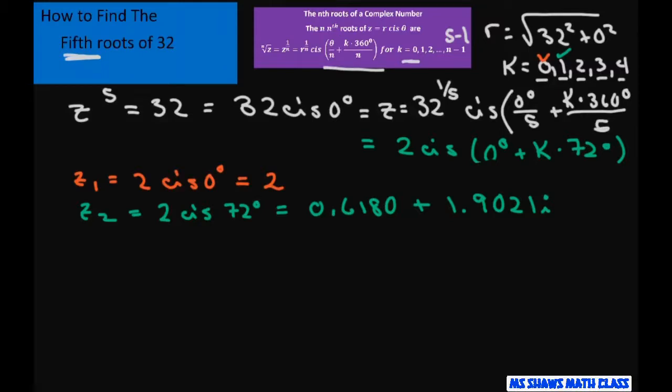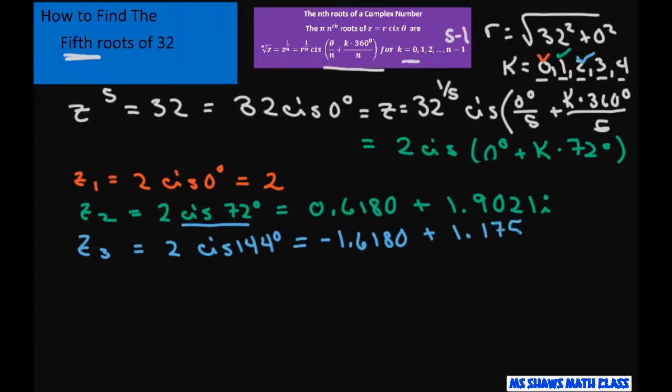Remember the 2 goes with both of these. All right. z3 is when k is 2. So that's going to be 2 cis of 144 degrees. Use your calculator and make sure you're in degrees. So 2 times cosine of 144 degrees is negative 1.6180. And then your sine is going to be 1.1756i.